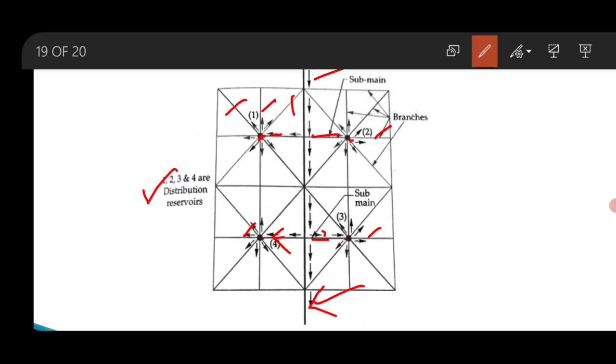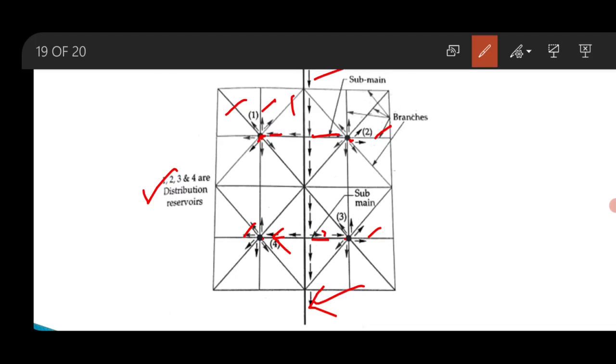So from the distribution reservoir, the water will be supplied through radially laid distribution pipes. This method ensures high pressure and efficient water distribution, and the calculation for design of size is also simple.